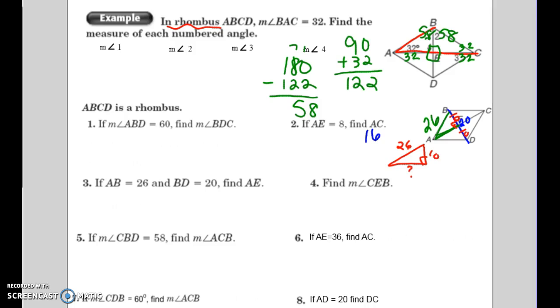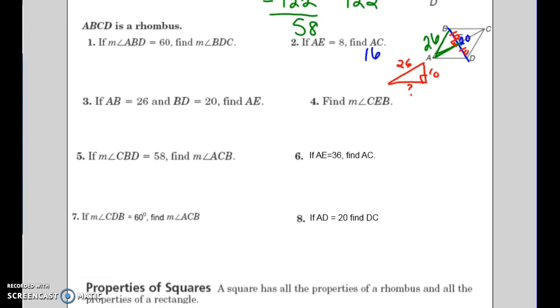Oh. Pythagorean theorem. Absolutely. A squared plus B squared equals C squared. Which one's my C squared? 26. Good. So x squared plus 10 squared equals 26 squared. X squared plus 100. 26 squared, I think, somebody double check me, is 676.